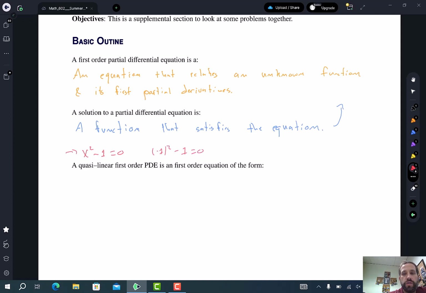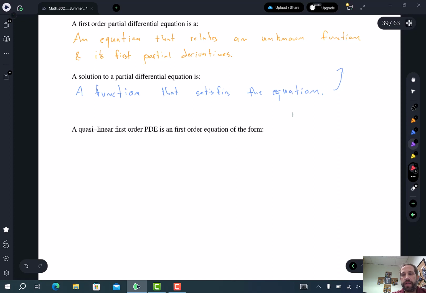Of course, 1 is a solution as well. If I look at 2 squared minus 1, this does not equal 0, so 2 is not a solution. It's the exact similar thing when we're dealing with differential equations. A function is a solution to a PDE if the equation is true when you plug it in.